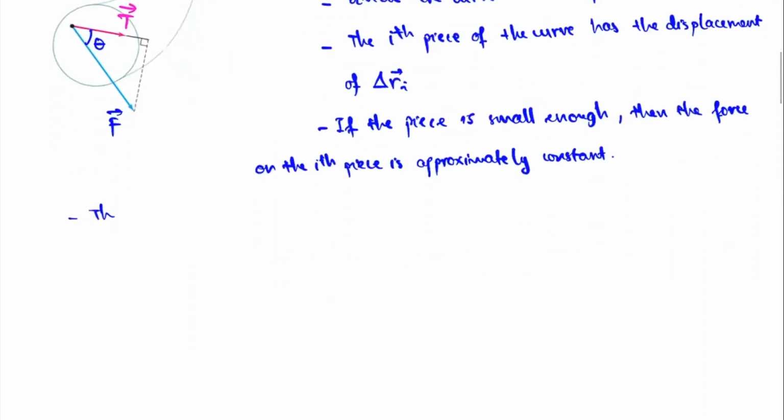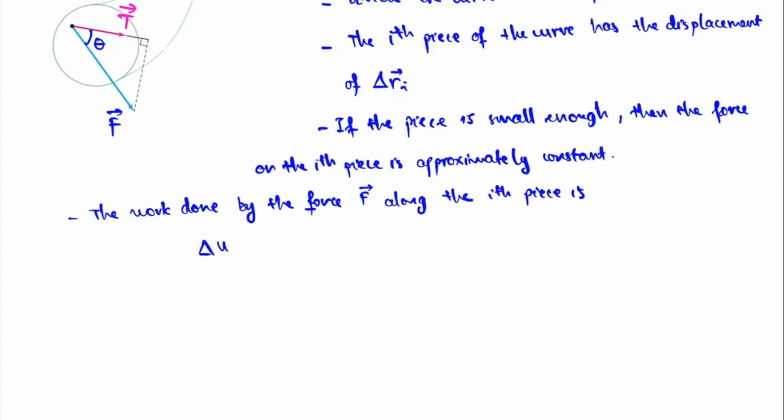Right, so the work done by the force F along the i-th piece is, right, delta W sub i is approximately equal to F sub i dot with delta r sub i.